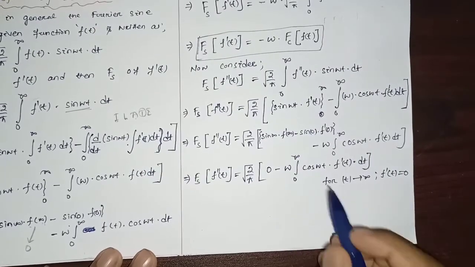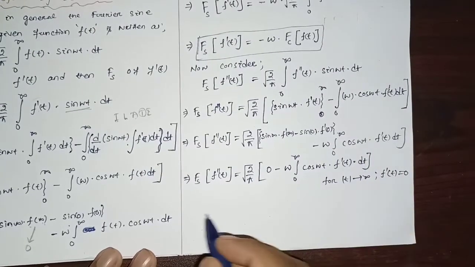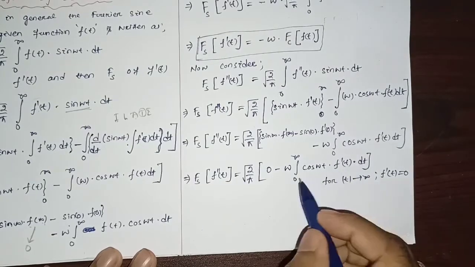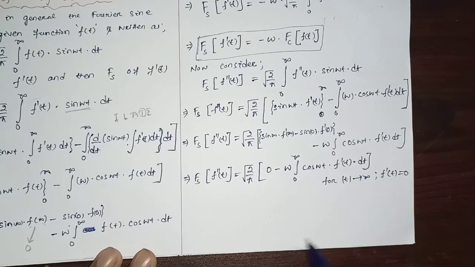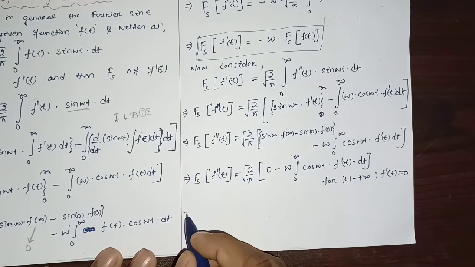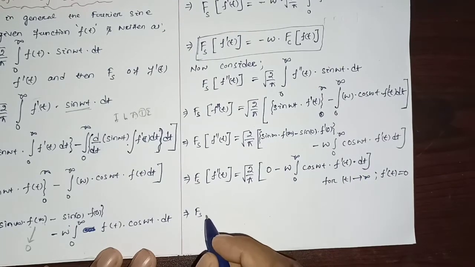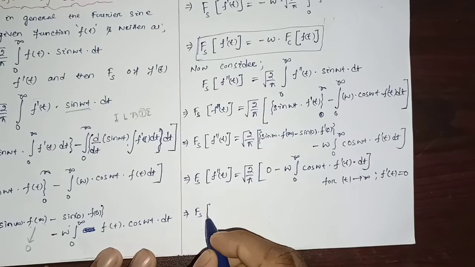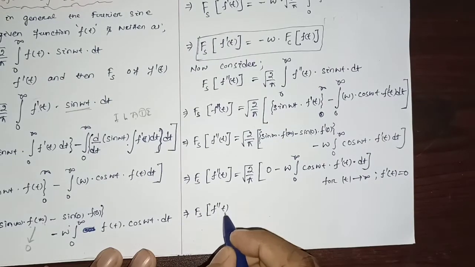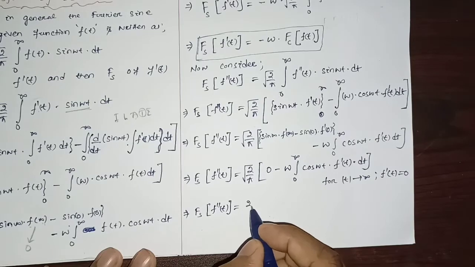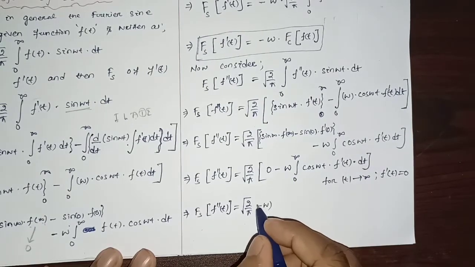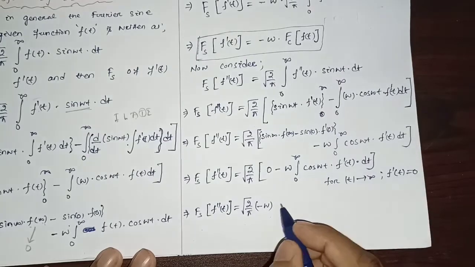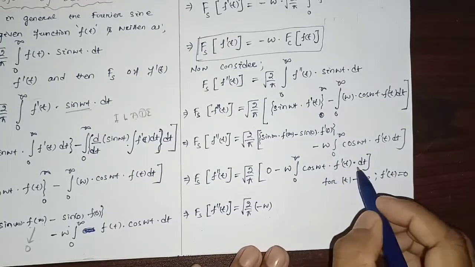Now our work is to find this integral by considering by parts. So for the by parts, obviously this will be considered as the second function and this one is the first function. So the sine transform of f''(t) will be equal to root over 2 by pi, with minus omega here, just write it, and here again we are going to consider by parts.